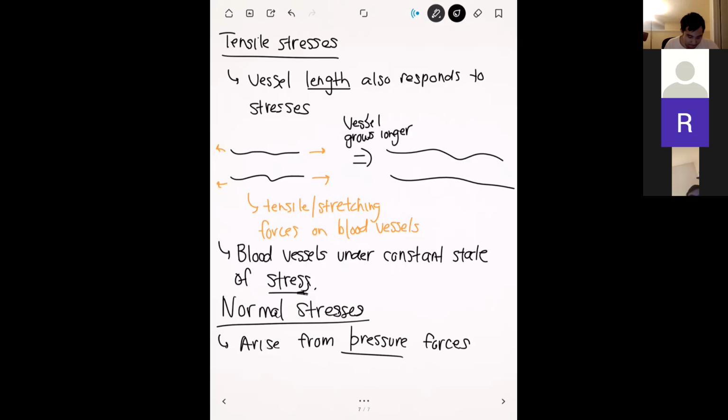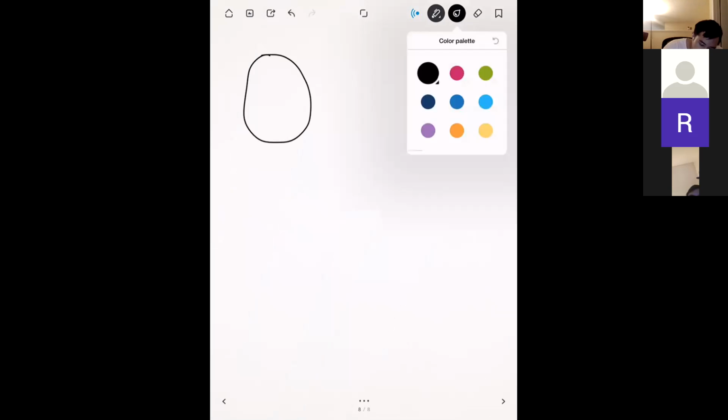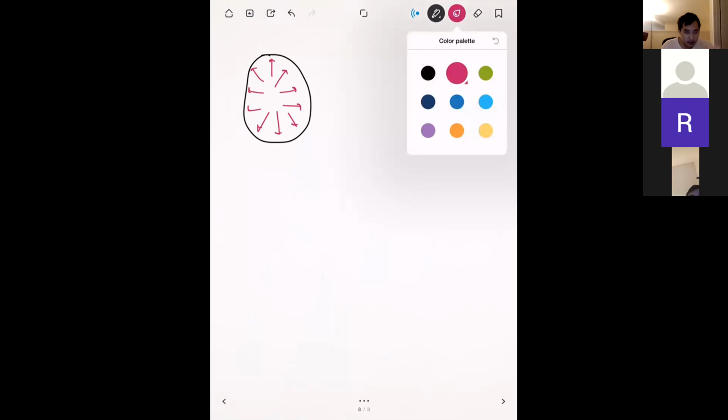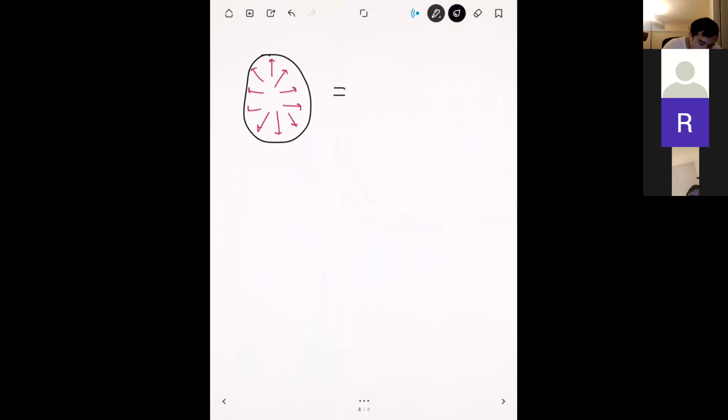Okay. All right, so let's talk about normal stresses. Just like we talked about, a normal stress is going to apply stress like this. Then if we cut this blood vessel in half, you may remember from your previous classes about a pressurized vessel, this kind of normal force is going to result in a circumferential stress around the vessel wall.